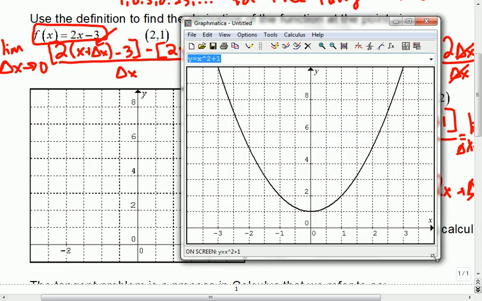Okay, so there's a picture of it. And what I'm going to do is try and put in the tangent line for you at the bottom at x equals 0. So if I did that, I'd be at y equals 1. There's the tangent line. The slope is 0.